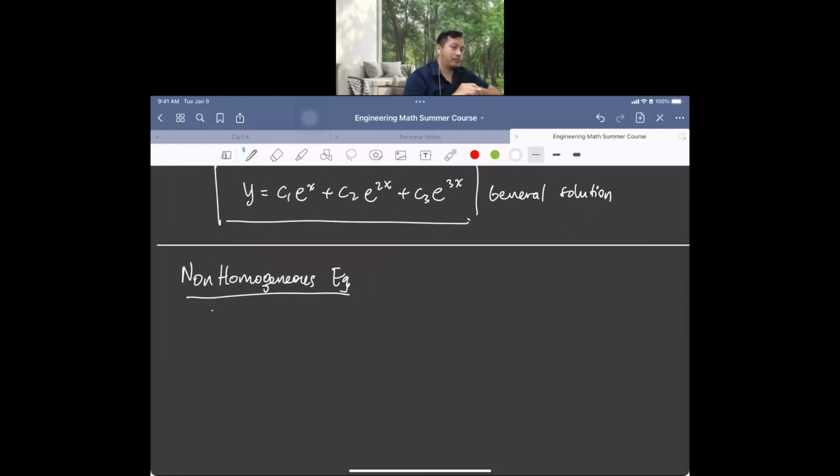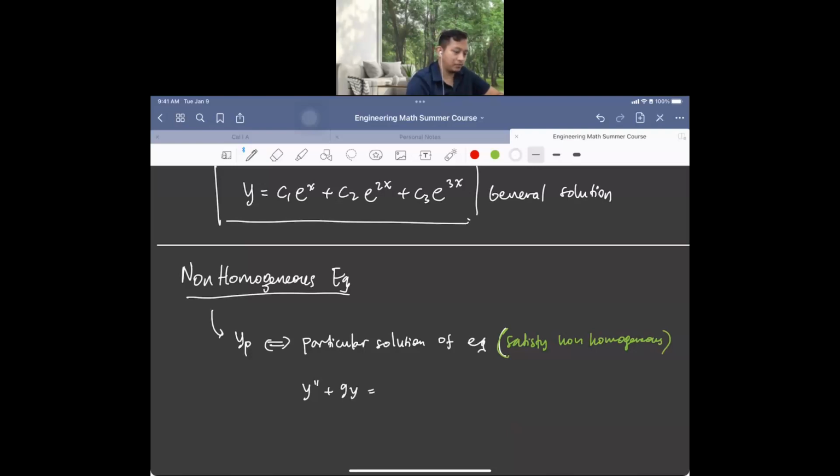So, non-homogeneous equations. We usually write yp. We call this a particular solution of the equation that satisfies the non-homogeneous equation.